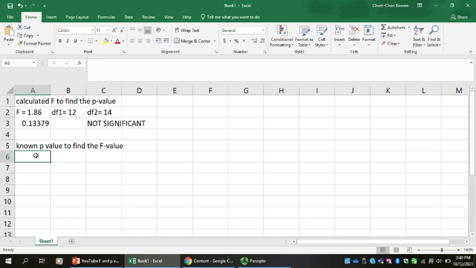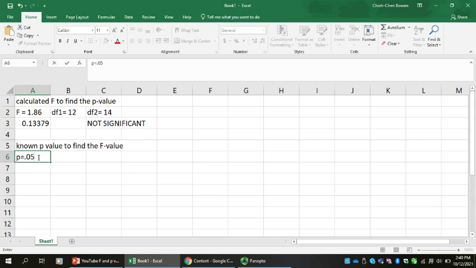And usually when we have a known p-value, we have a set standard. Let's just find whether it's significant or not, using alpha equal 0.05.